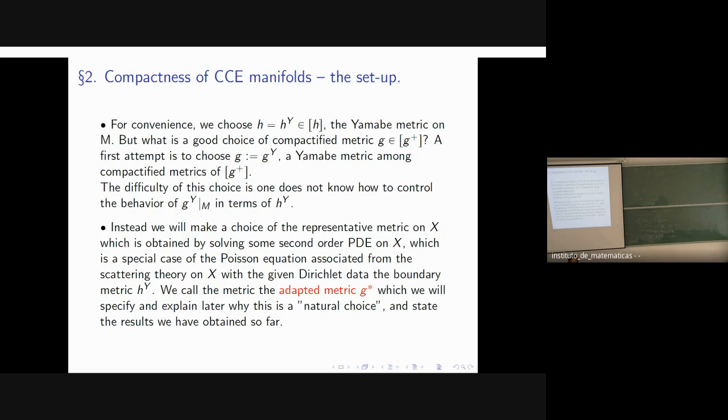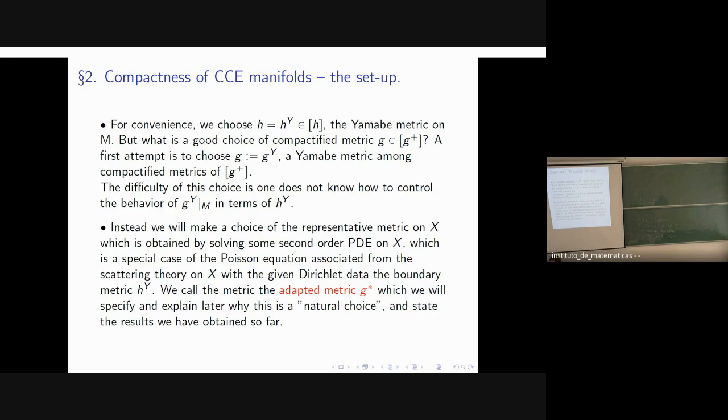There is another conformal factor, and we do not control g_Y restricted to the boundary relative to h_Y. So instead, the approach we are taking is, given h_Y, to choose a representative whose boundary metric is already this h_Y, and deal with this compactification.